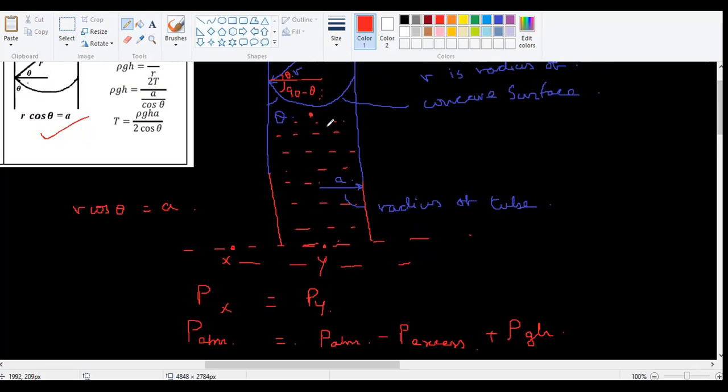Because who is pressing on top of this means this pressure plus this and then this one. But here I cannot do plus because this pressure should be subtracted. So this pressure is subtracted and then rho g h. So for this height, you take it as rho g h.